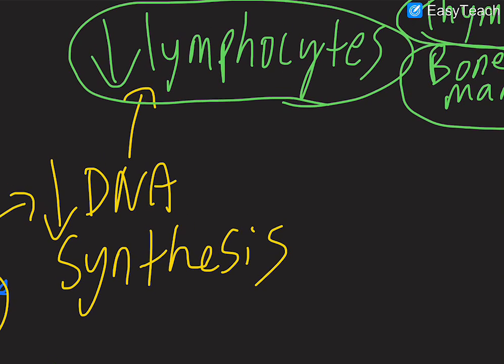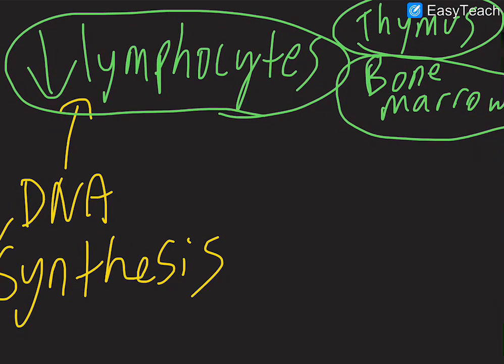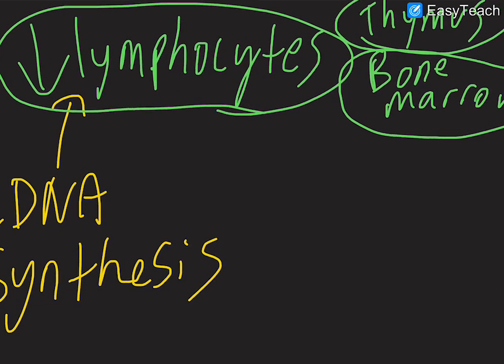So again, decreased DNA synthesis will lead to a decreased number of lymphocytes, because you need proper DNA synthesis for proper growth of your cells. If ribonucleotide reductase is inhibited, you cannot have a proper number of lymphocytes, so your lymphocyte count decreases.